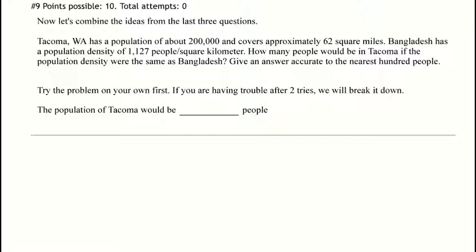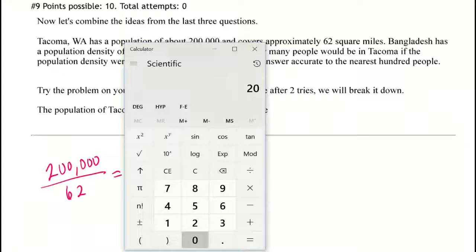So I'm going to take that population of Tacoma and can make it the same population density as Bangladesh. So remember, Tacoma from above 200,000 is 62.